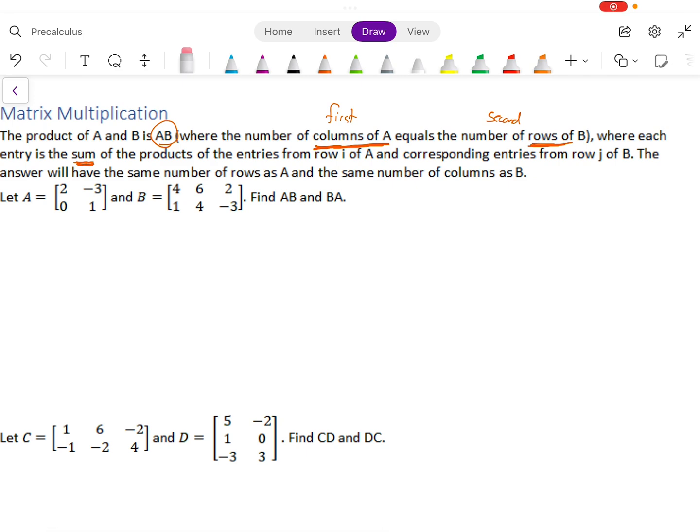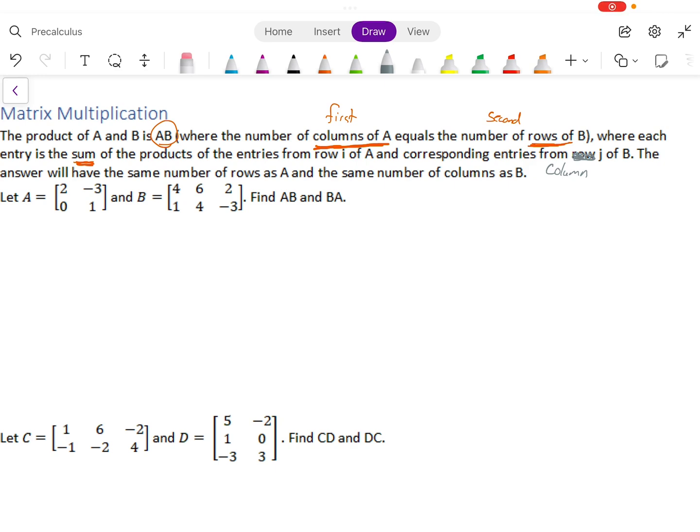This should say columns, or column, I apologize for that, of B.